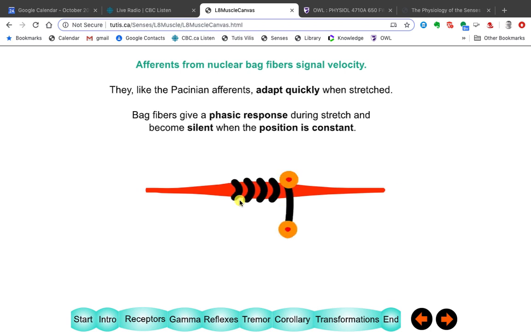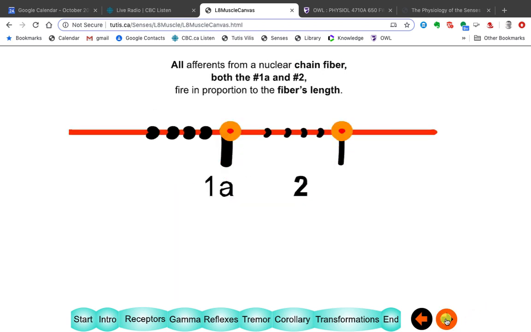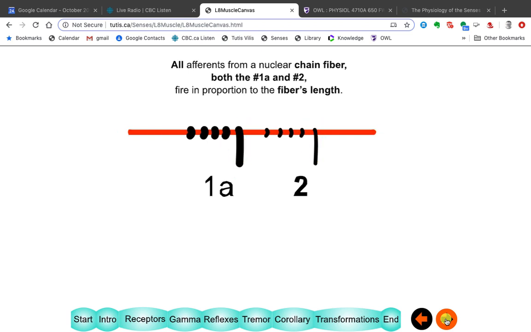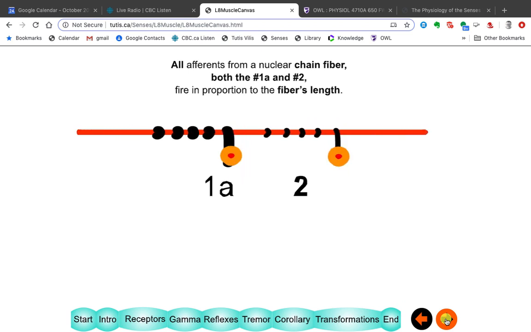When you stop pressing on it, and you still continue pressing on it, it quickly dissipates. It only starts firing actively during just the beginning of the press. The same thing here. This thing fires as it's being stretched. So it's very good at giving you a phasic response during the stretch, and that phasic response helps tell what the velocity is.